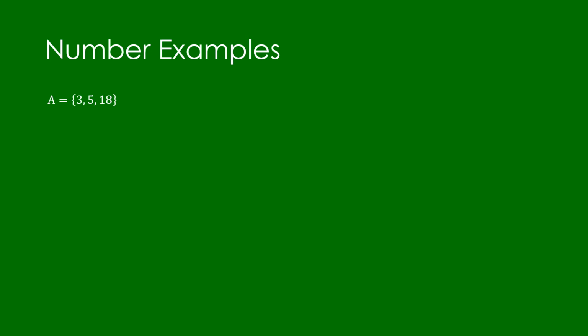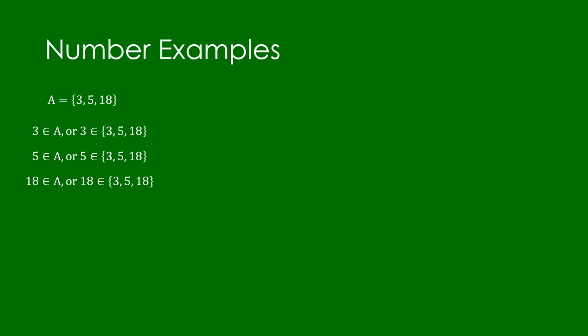So the best way to write this set is to use set roster notation. We can think of 3, 5, and 18 as individual entities that can stand alone. And if we wanted to denote that these entities belong to set A, we would write it like this. So these read 3 is an element of this set, and 5 is an element of this set, and so on.